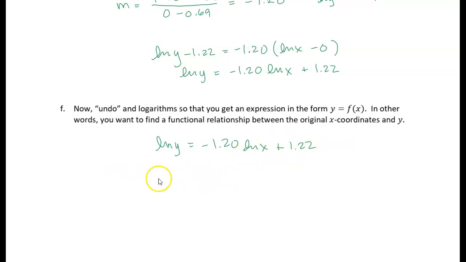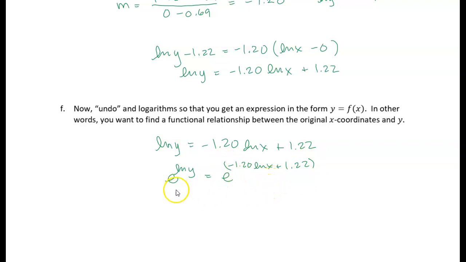I'm going to raise e to both of these equal values. So e to the natural log of y is equal to e to the minus 1.20 natural log of x plus 1.22. This whole thing is the power of e, and I'm using the equality property of exponents.